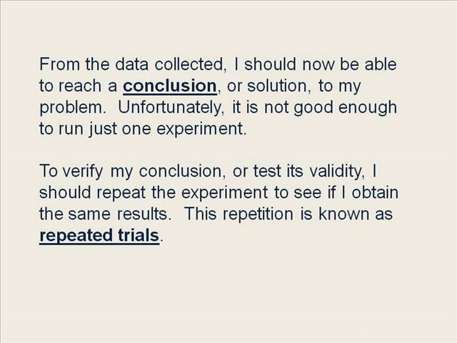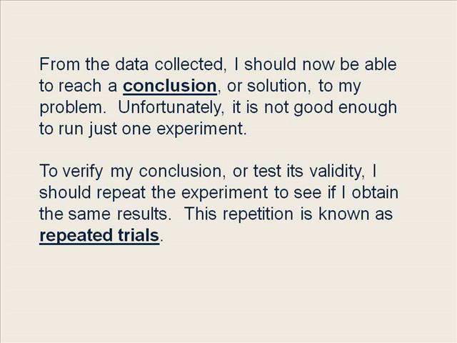Once we have analyzed our data, we can now reach a conclusion. The conclusion is the solution to the experiment. Now, unfortunately, it is not good enough to do the experiment just one time.